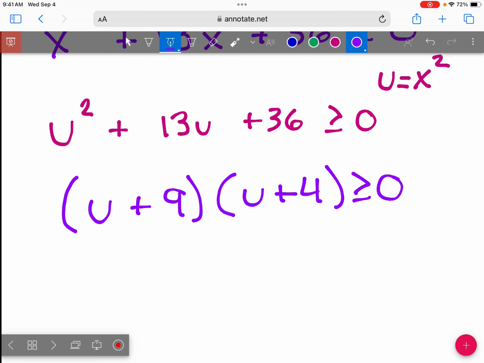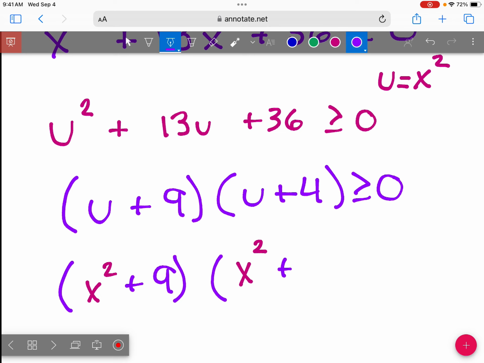Right here, we're going to put our u back in. So I'm going to put it back to get x squared plus 9 and x squared plus 4.